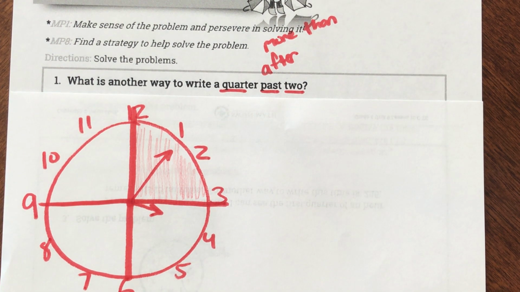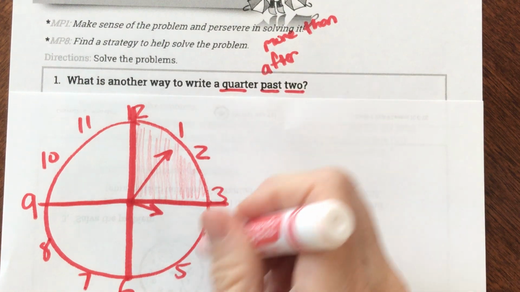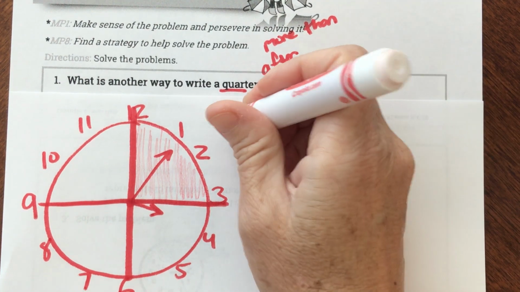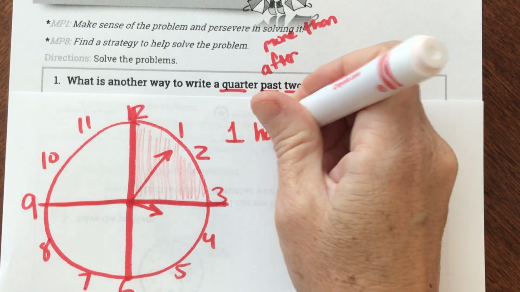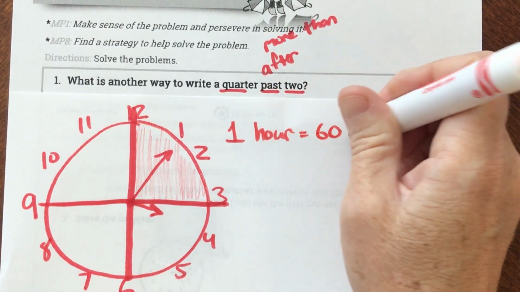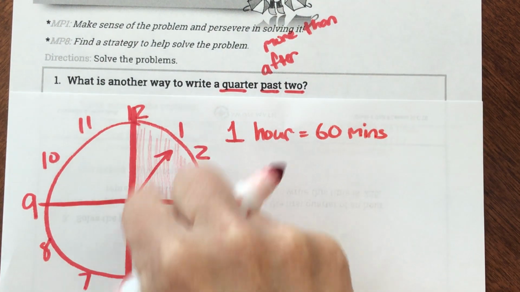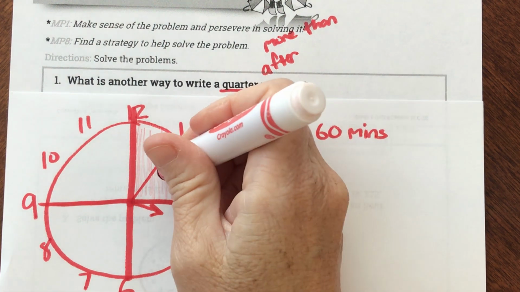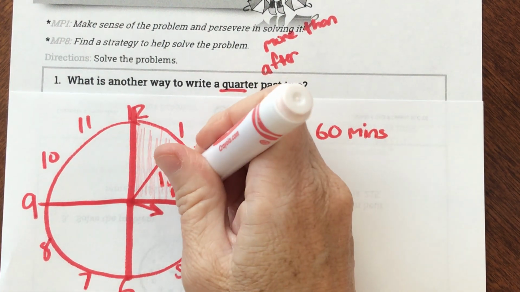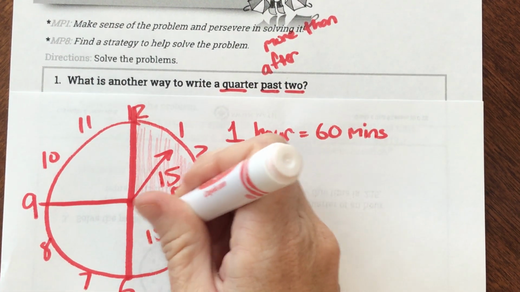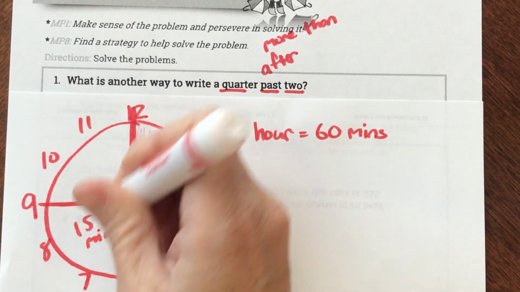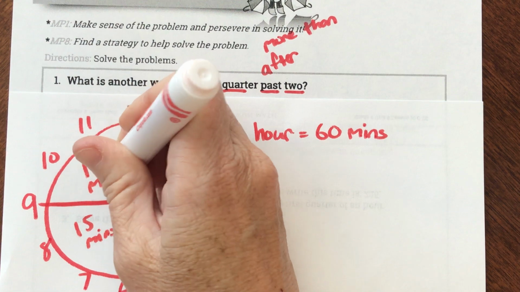So if I think about the whole clock is worth 1 hour, around is 60 minutes. So I can think 1 hour equals 60 minutes, and I cut my clock or my hour into 4 parts. Doesn't that mean that this is 15 minutes, 15 minutes, 15 minutes, and 15 minutes?